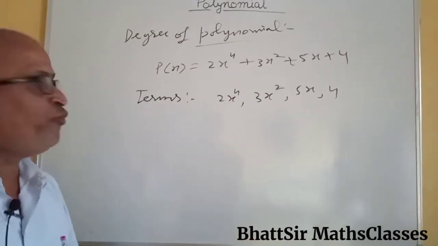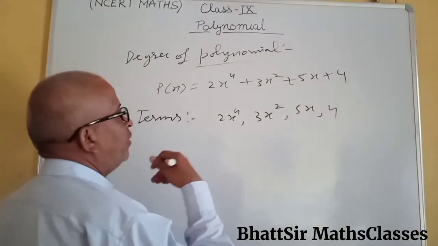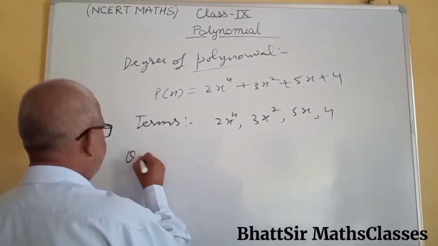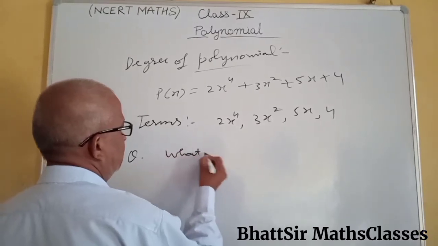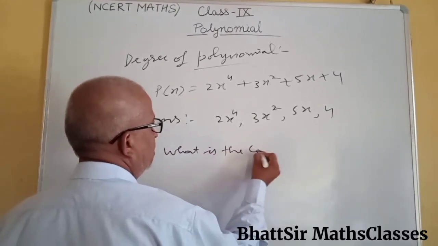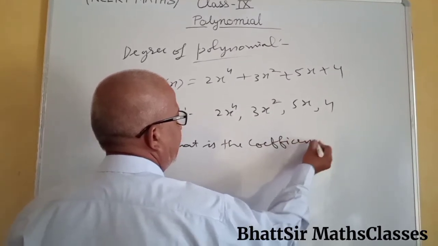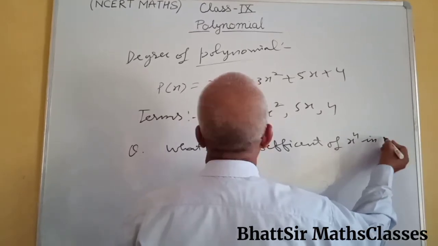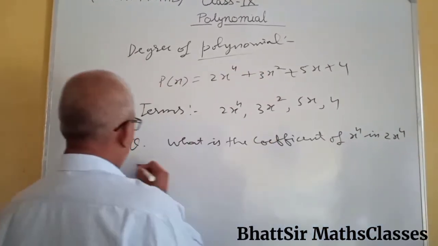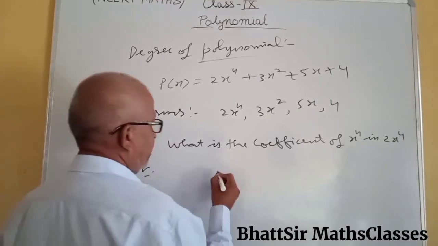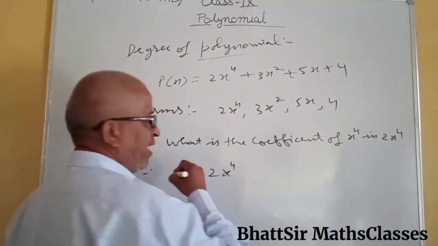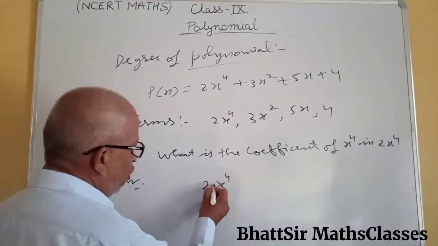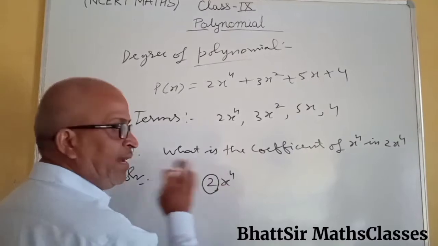So we have to find out the coefficient of the x variable. Now the question is, what is the coefficient of x^4 in 2x^4? So solution: you write down 2x^4, it is the term. We have to find the coefficient of x^4. So it is the coefficient, it is the variable.